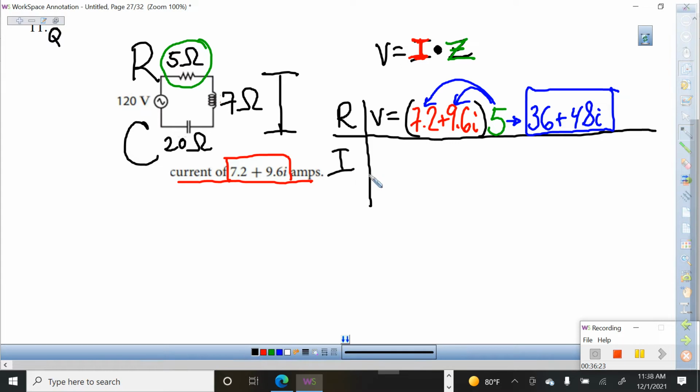All right, let's do it now for the inductor. Inductor. So I'm going to write voltage again, same current, 7.2 plus 9.6i. Next, times the impedance. What is the impedance of the inductor? 7 ohm. But do we write it as just a number?